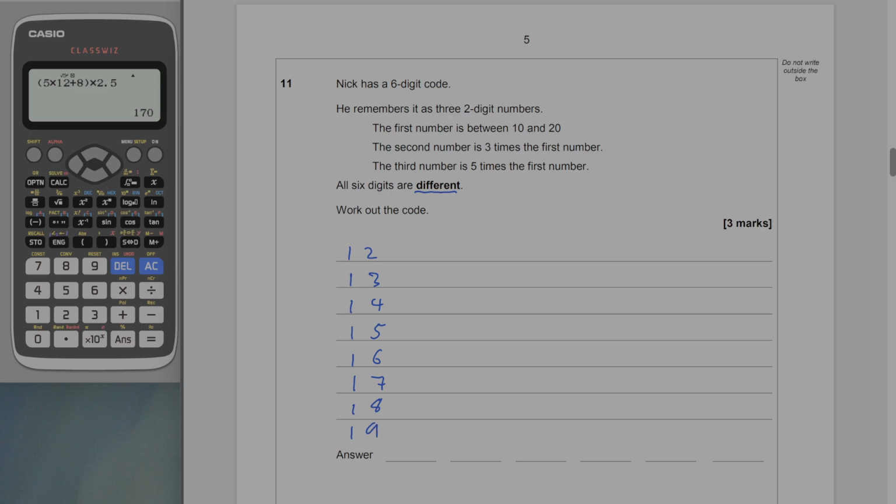And then we can start thinking about possibilities. 12 times 3 would give me 36, and then 12 times 5 would give me 60, so that can't work. 13 times 3 would give me 39, so that can't work.